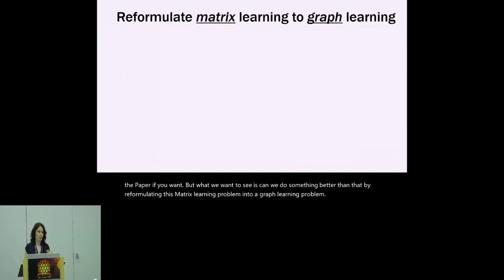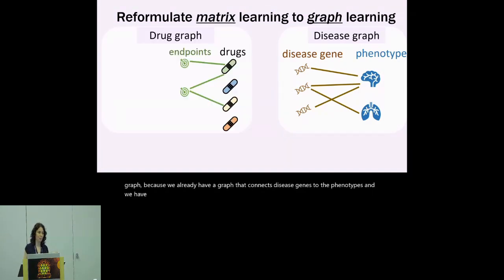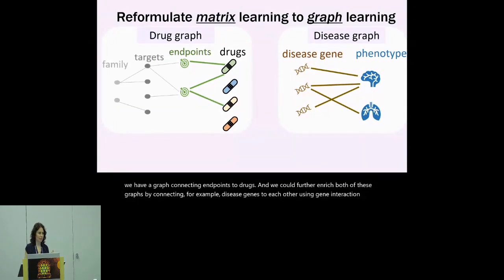And that's pretty straightforward in terms of representing all of our problem in a graph. Because we already have a graph that connects disease genes to the phenotypes, and we have a graph connecting endpoints to drugs. And we could further enrich both of these graphs by connecting, for example, disease genes to each other using gene interaction networks, and connecting endpoints to their targets and targets to their target families, et cetera.